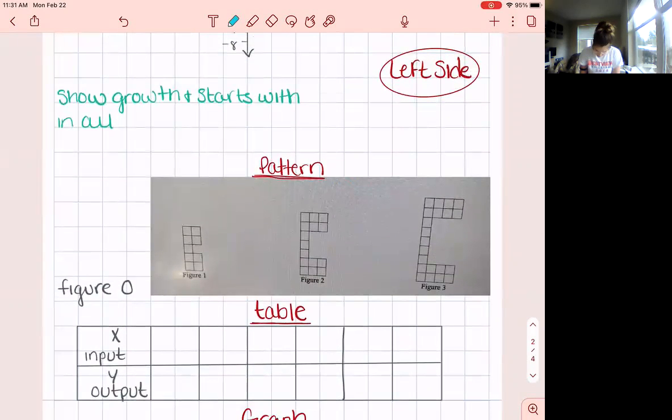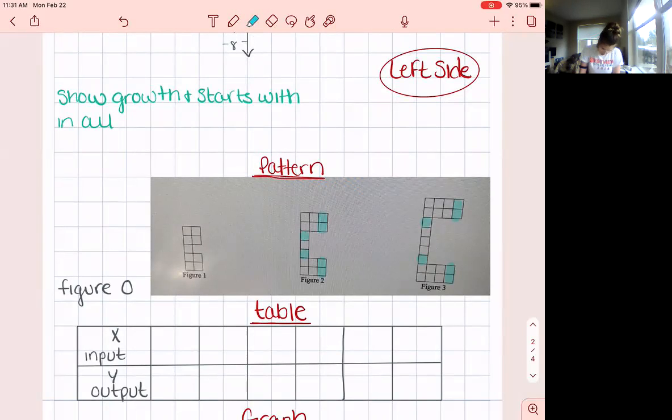Okay, this one is a little harder. So the way I see this one growing, this is different. It adds 2 on the end, but it also adds 2 in the middle. That's what I see. I see 2 on the ends and then 2 in the middle.